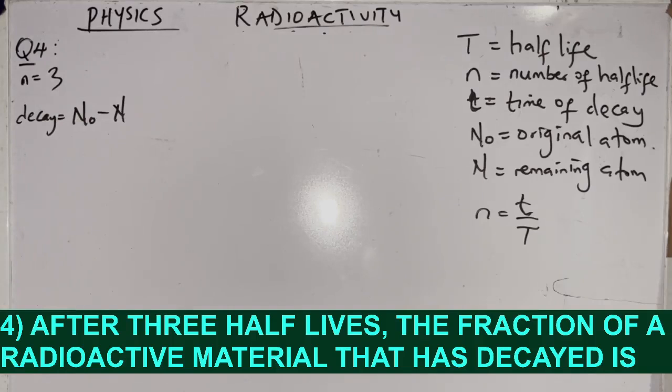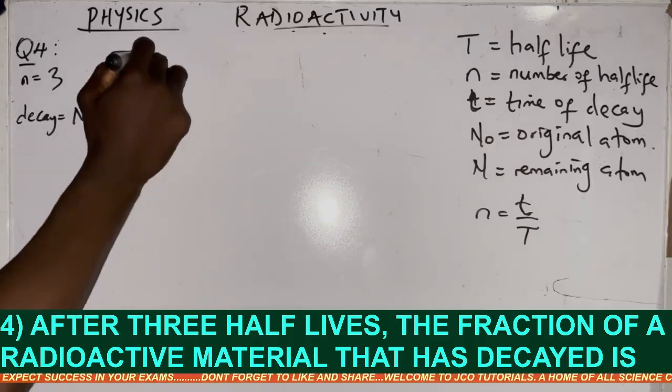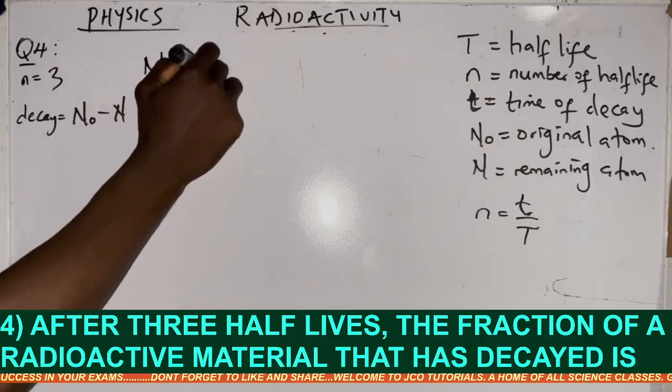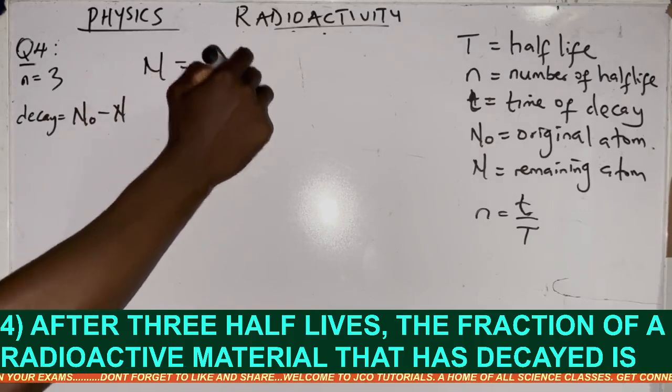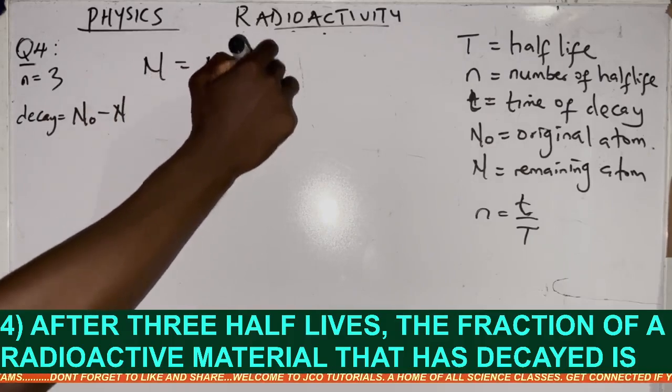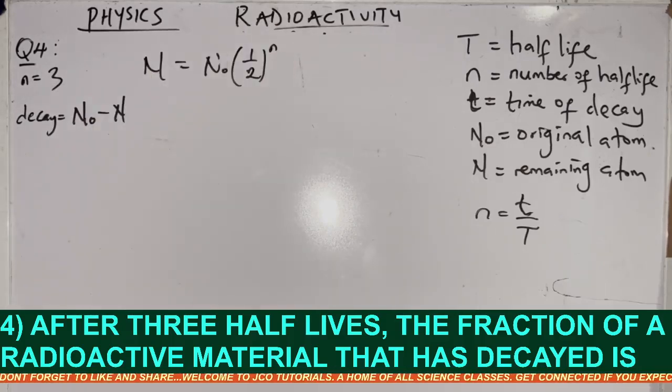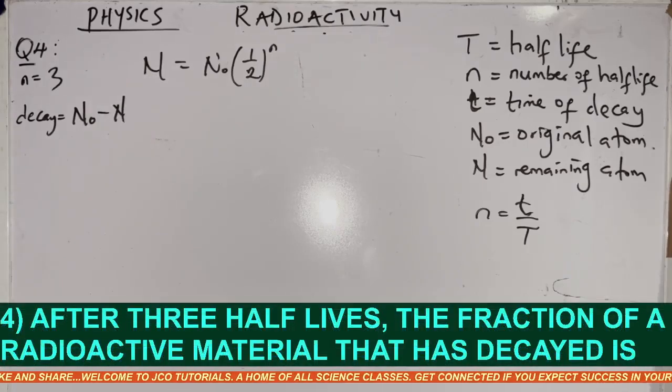So let us first find what remains. What remains is the original times 1 over 2 raised to the power of the number of half-lives.